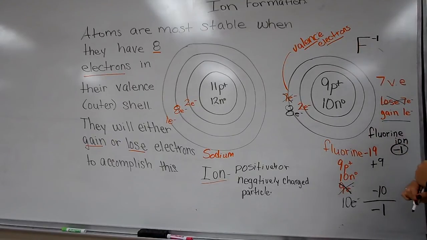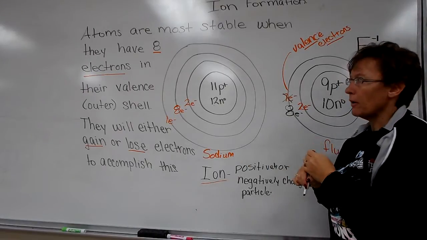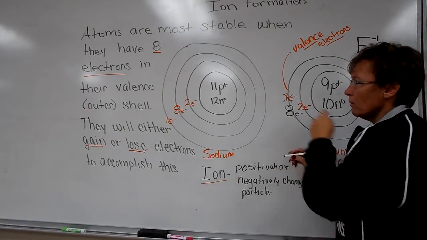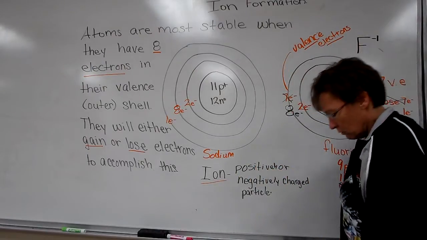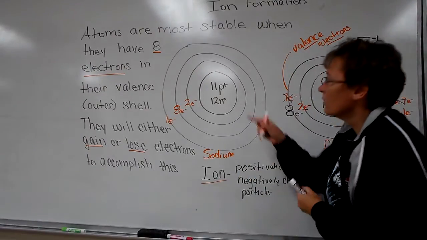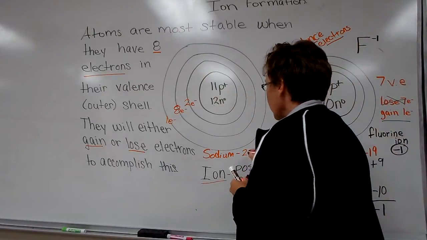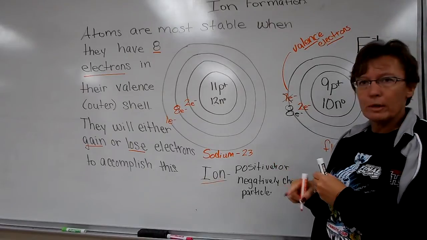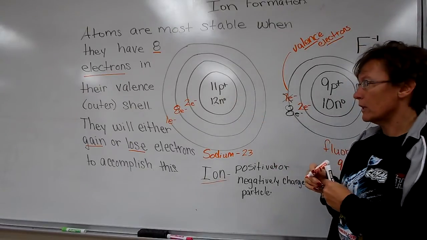Let's look at another example. Here we have sodium. If we look at our periodic table, we have sodium 23, element number 11 on the periodic table, so 11 protons, 12 neutrons.